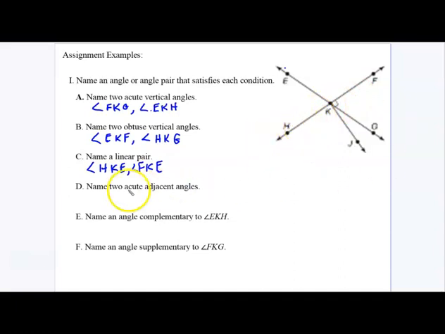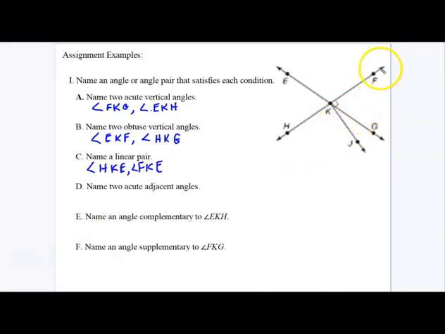Two acute adjacent angles. Two angles that share the same vertex and a common side, but they would be less than 90 degrees. So let's see if we can identify where those would be.